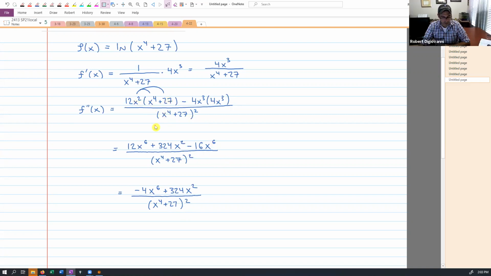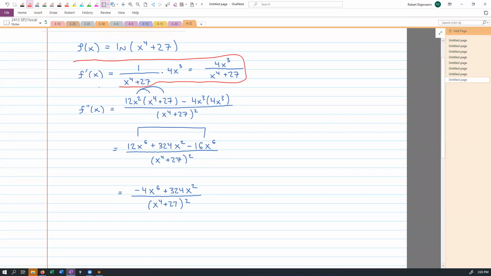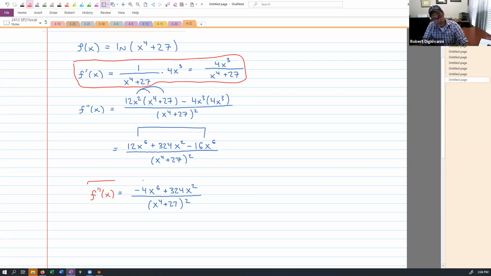So distribute, combine like terms. These two are like terms, so I put those together, put it out front. And I think that's okay. I think I'm going to say this is my first derivative, right there. And then here's my second derivative, right there. Questions?